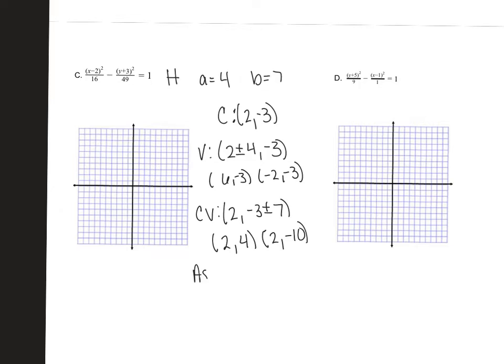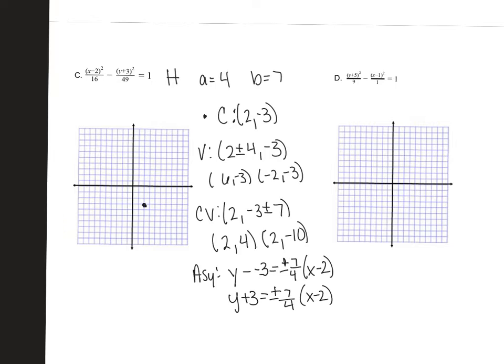And then my asymptote is going to be y minus k equals plus or minus b over a times x minus h. So that's y plus 3 equals plus or minus 7/4 times x minus 2. Alright, so don't worry about that formula so much. Remember our box trick. So first let's go ahead and plot our center. I'll do that in black. So 2, negative 3.